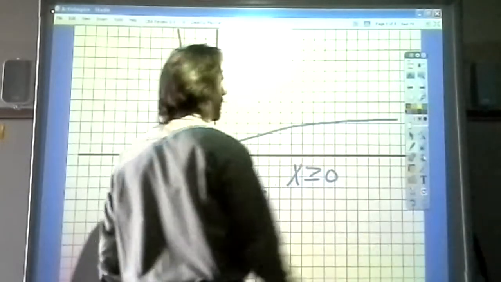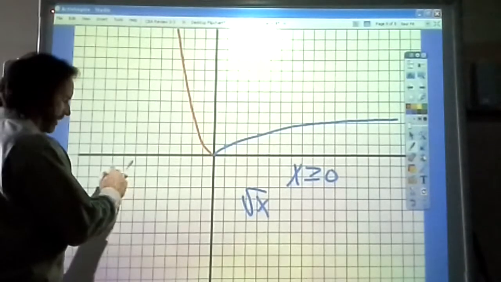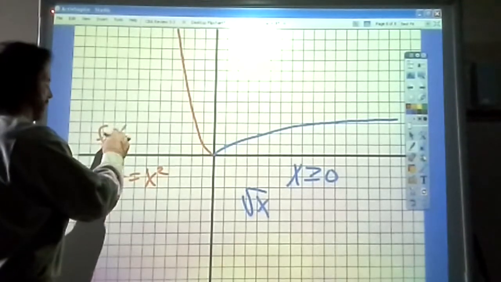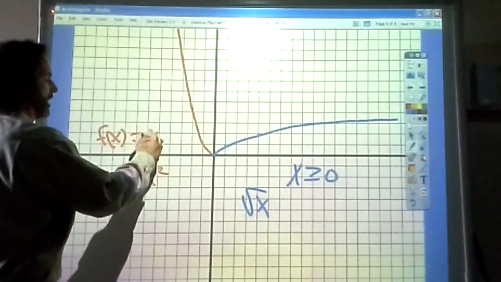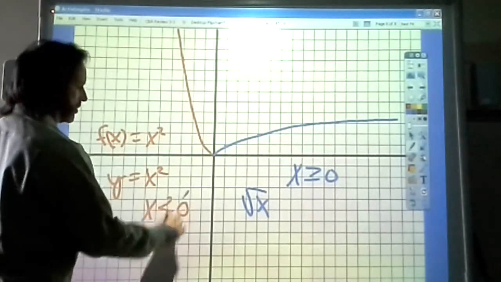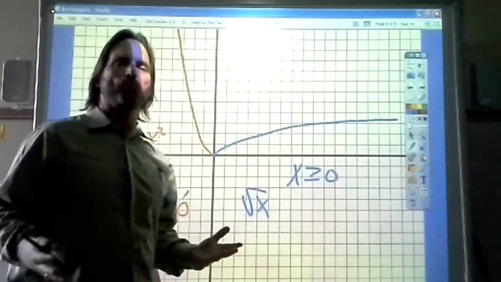And in red here, I've got y equals x squared, or f of x equals x squared, for x being less than 0. So that's what a piecewise function is.